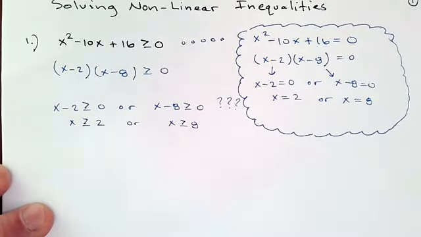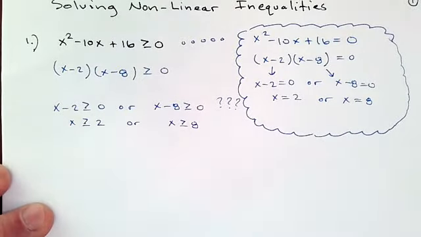If I plug x equals 0 back into this original problem, or even up to here, it's probably easier to plug it in here in this case. If x is 0, what does this function give me? It gives me 16. And 16 is greater than or equal to 0. So actually, numbers less than 2 are part of my solution.